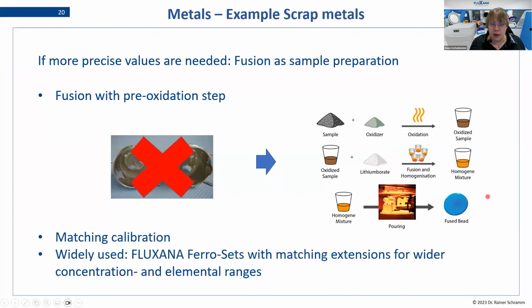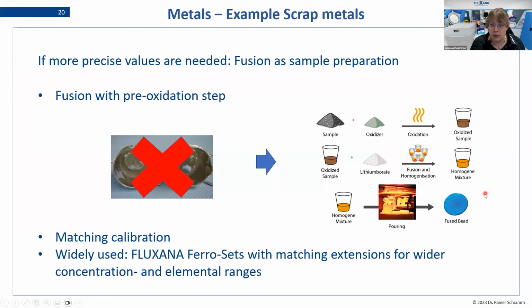To use the sample preparation, you need a matching calibration. And what is widely used is FLUXANA ferro sets among our customers. FLUXANA sets are application sets that are ready to use. They are coming, for example, as these fused beads, and they can be used directly to calibrate the devices.